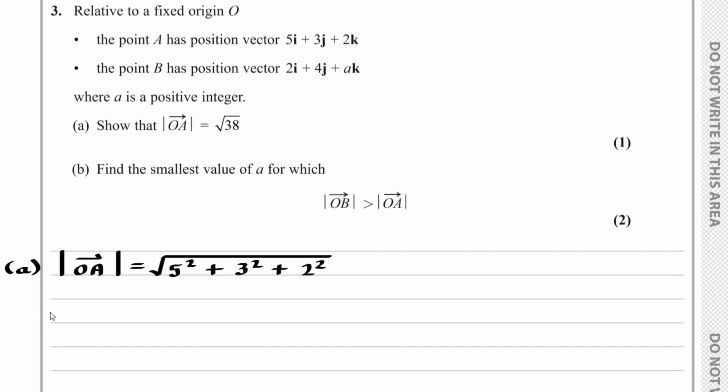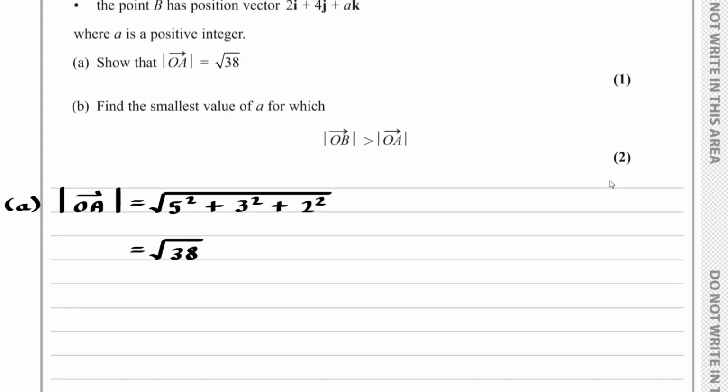So the absolute value of OA is equal to the square root of 38. For part B, we have to find the smallest value of a for which the absolute value of OB is greater than the absolute value of OA.